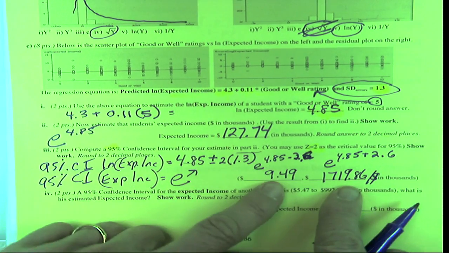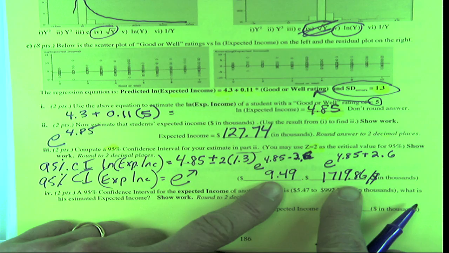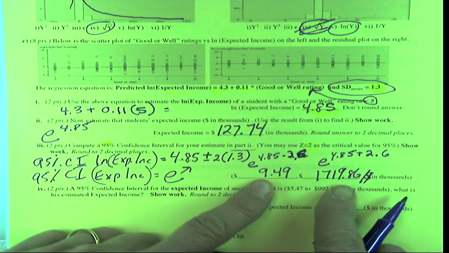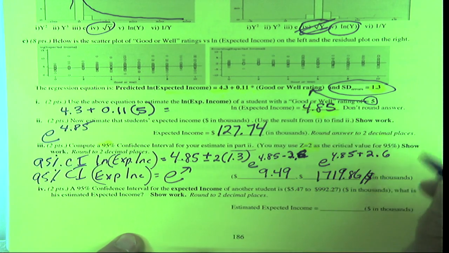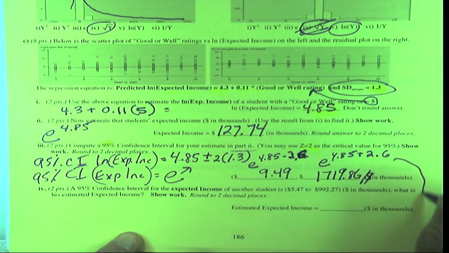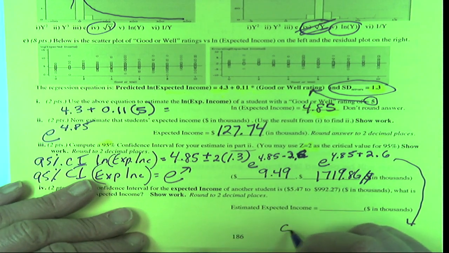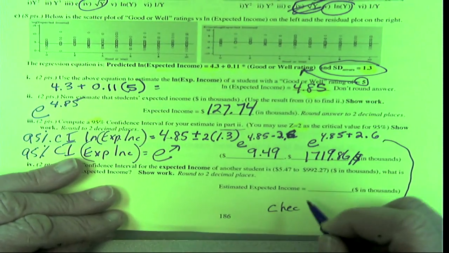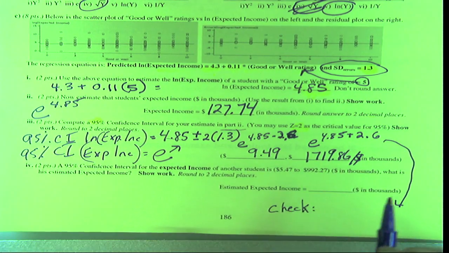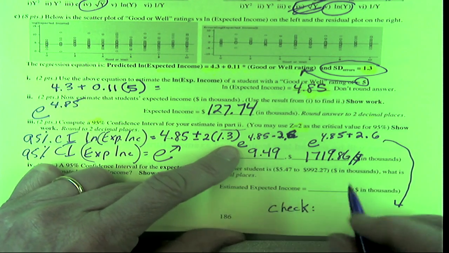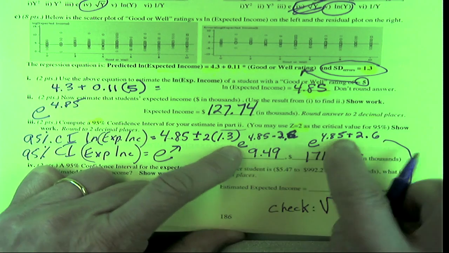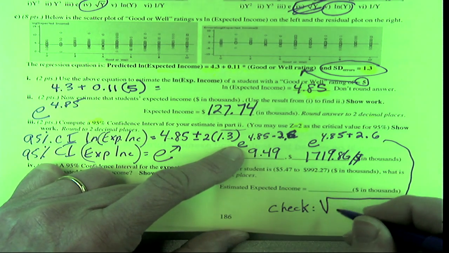This is not the average of those two. If I wanted to check it, what would I do? I'll just do the check down here. Do you see what I do? I just take the square root of those two things. The way I wrote it makes it super easy to see why that would work.